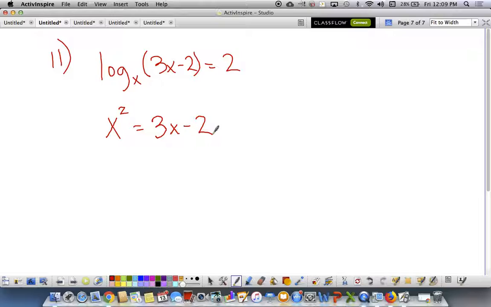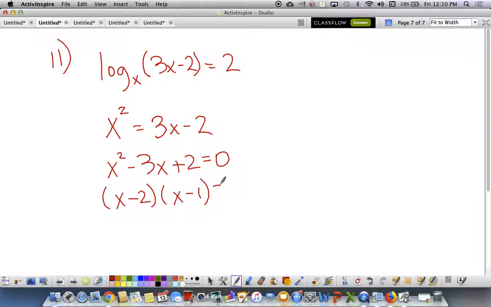And then what do you do to solve for x? Rearrange, pull it all over. It's a quadratic. Factor. Well, this one factors. Yay, we're very happy. x minus 2, x equals 2 and 1. Nice. Yes.